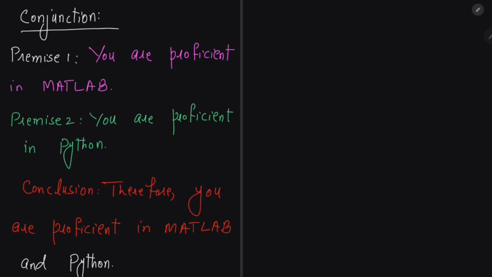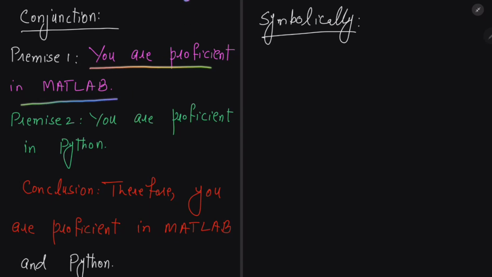You have made a conclusion out of that. If you want to write the symbolic way of conjunction, symbolically we can write: we have one premise which is P, then another premise which is Q, then therefore P and Q, since we joined premise 1 and 2.